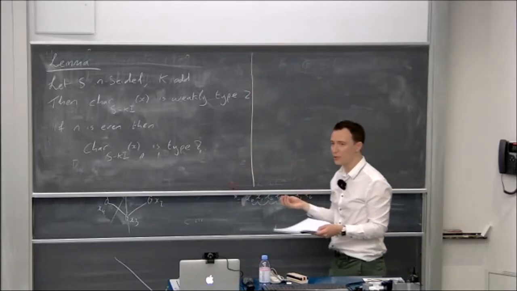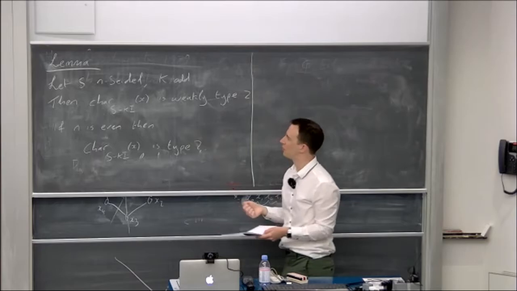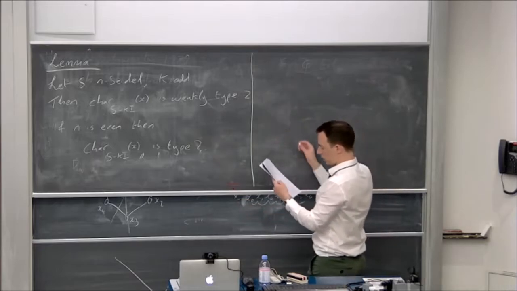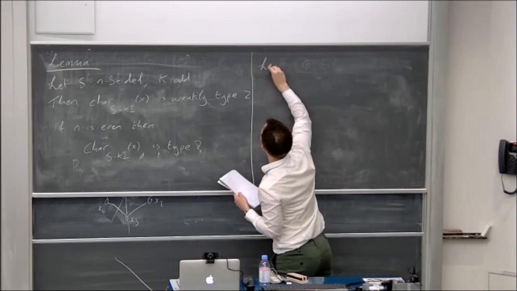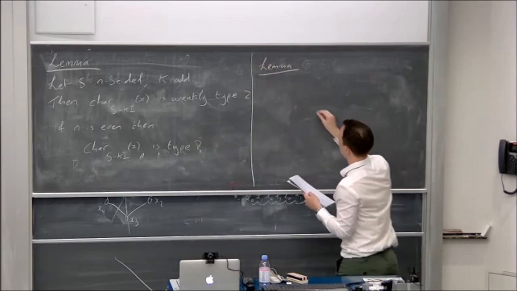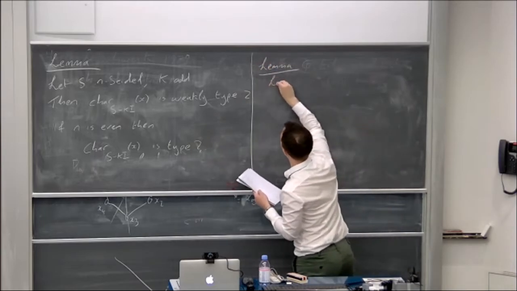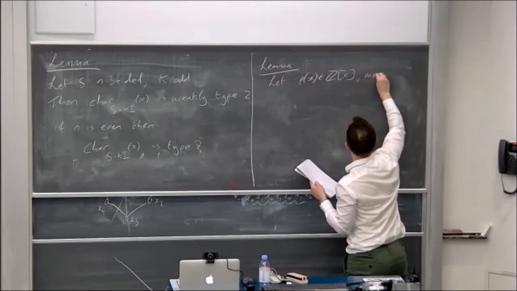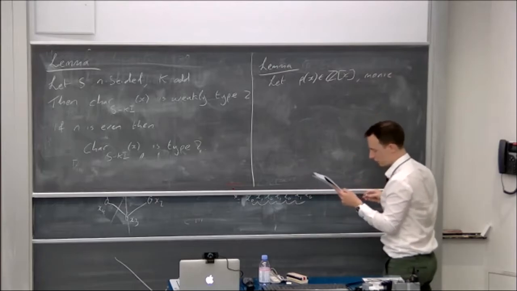we have a nice property of type 2 and weakly type 2 polynomials, and that's a factorization property. So I'll state it as follows. The setup is we have P of x, some integer polynomial. Let's assume it's monic, so the top coefficient is equal to 1.